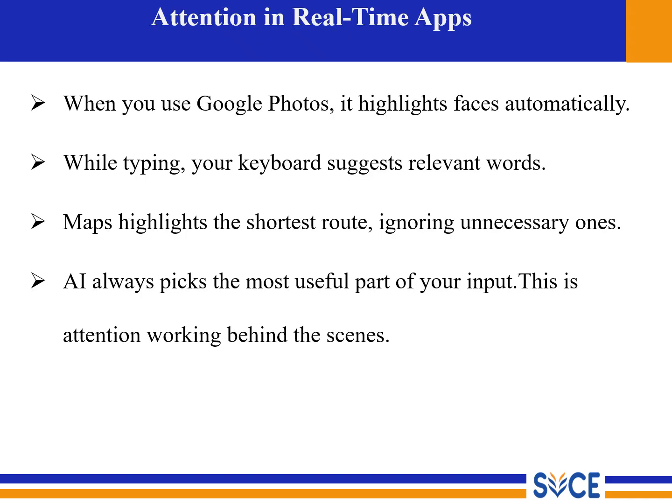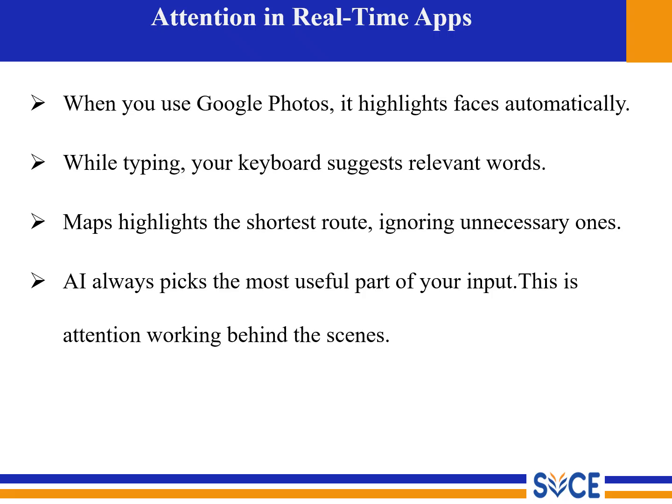Everyday examples of attention, like Google Photos, keyboards, and Maps. Now let us connect this concept with applications you use every day. When you open Google Photos, it automatically highlights the faces. Have you ever wondered how? It is not scanning randomly.